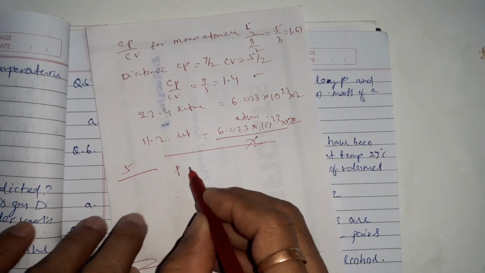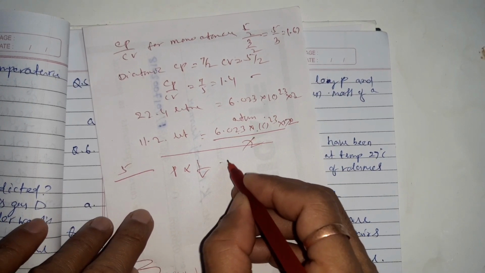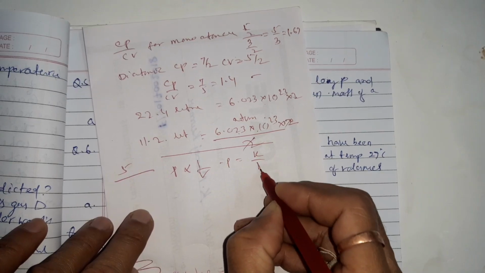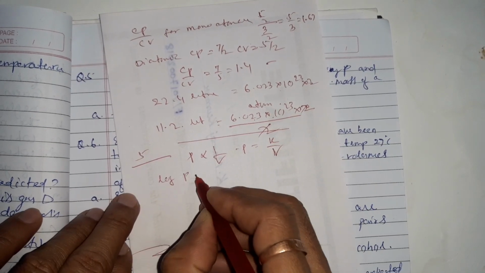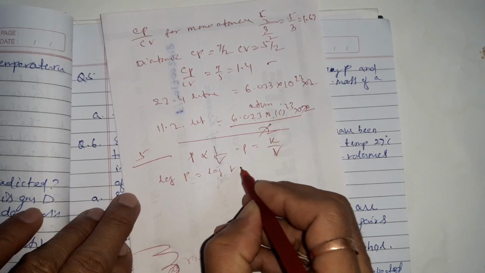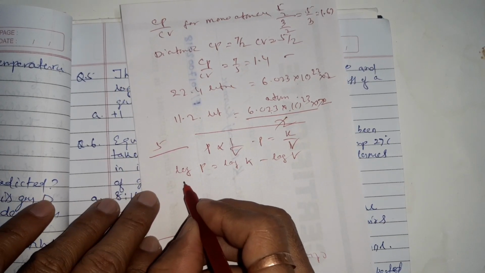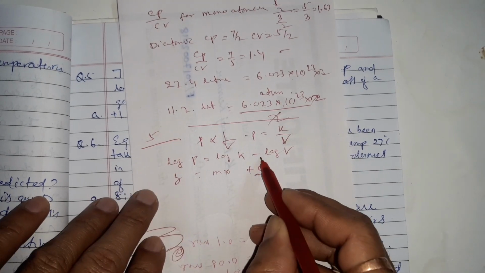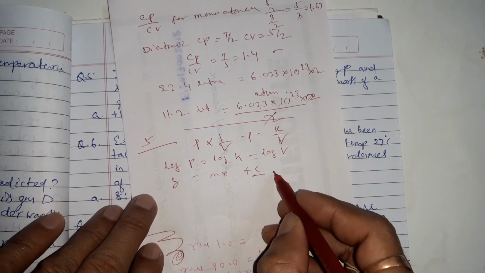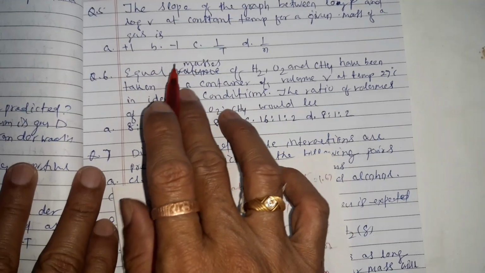We know Boyle's law, P is proportional to 1 by V, or P is equal to K by V. So we put log both sides: log P is equal to log K minus log V. Comparing with the equation y is equal to mx plus c, the minus is given, that is minus 1. So slope is minus 1. So choice B is the correct answer.